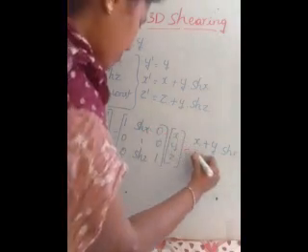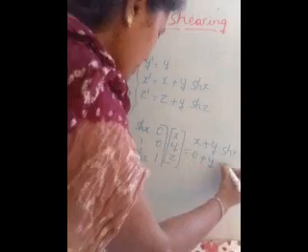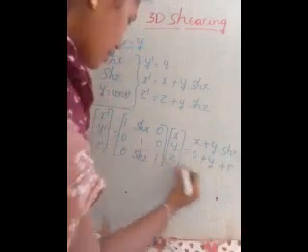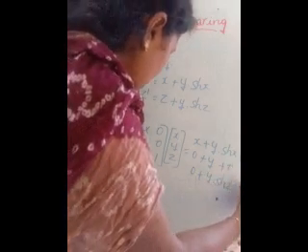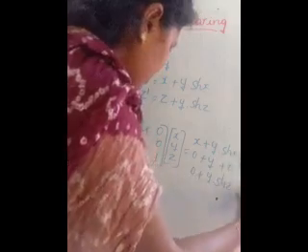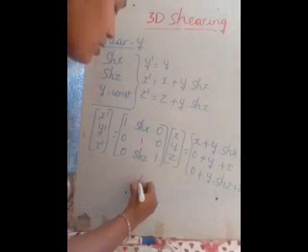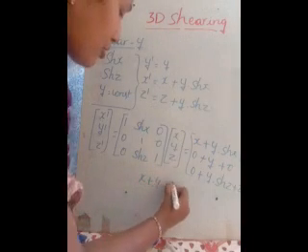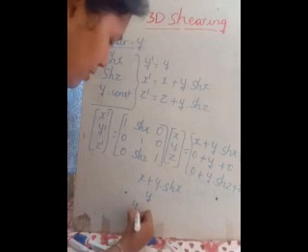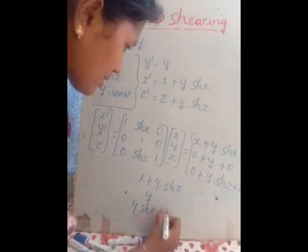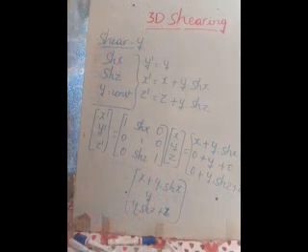Then the second term 0 plus Y plus 0. Then 0 plus Y dot SHZ plus Z. This will be the result. We'll neglect the zeros. So you'll get X plus Y dot SHX, Y, and Y dot SHZ plus Z. You'll get the formula like this.